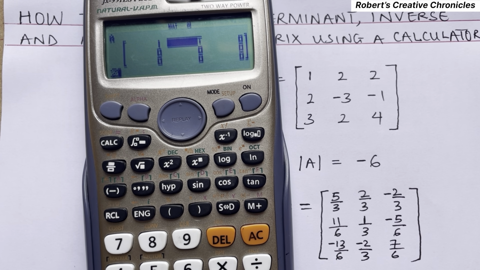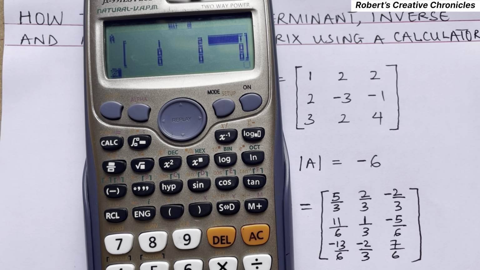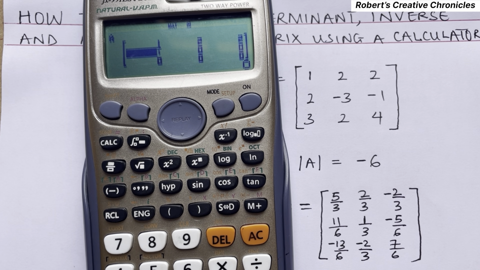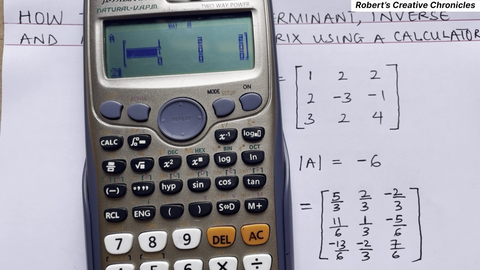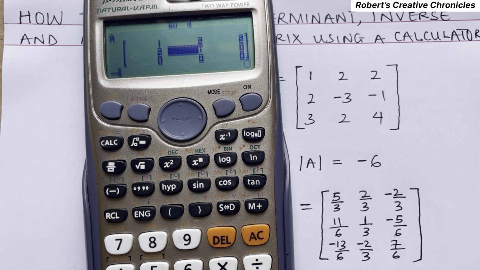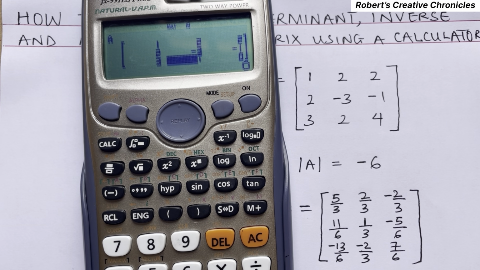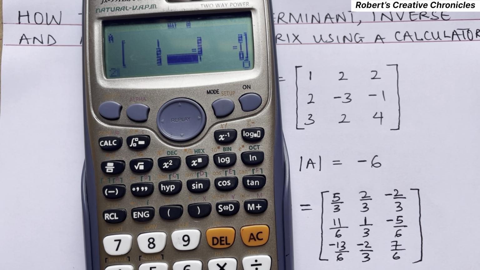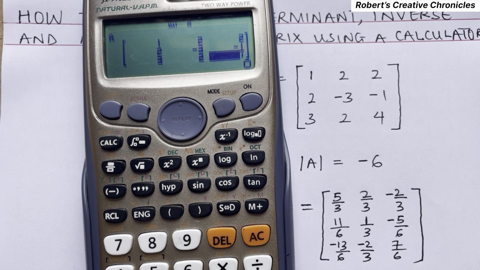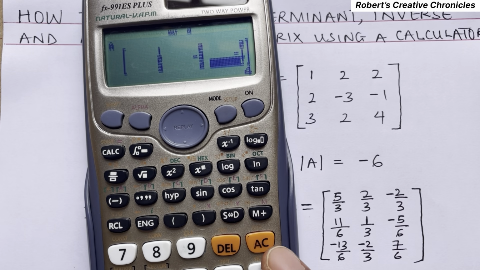So I'll press 2, then equal to, then 2 again, then equal to, then 2, then equal to, then negative 3, equal to, negative 1, equal to, 3, equal to, 2, equal to, then 4, equal to. Then we press this AC here to save the matrix.